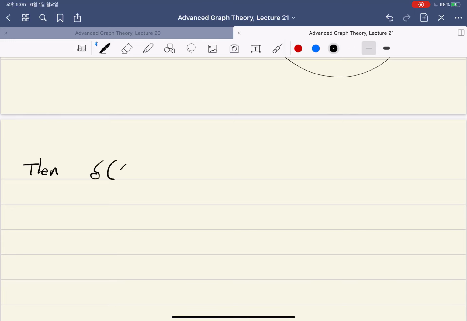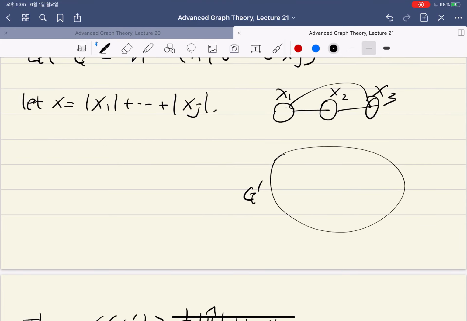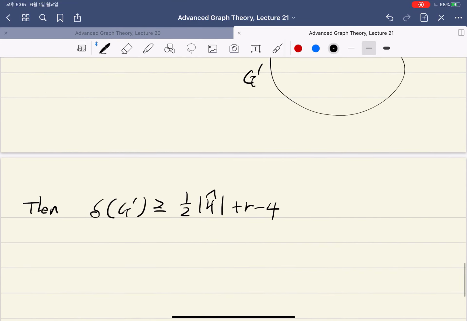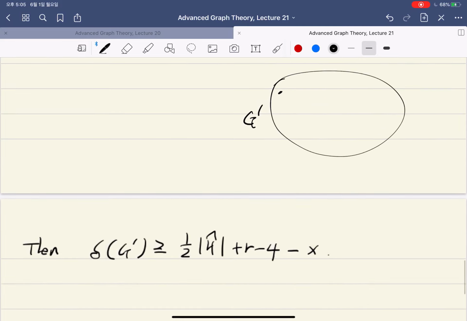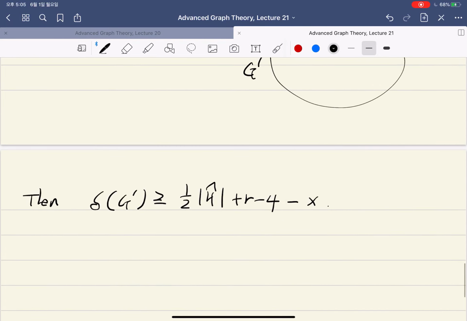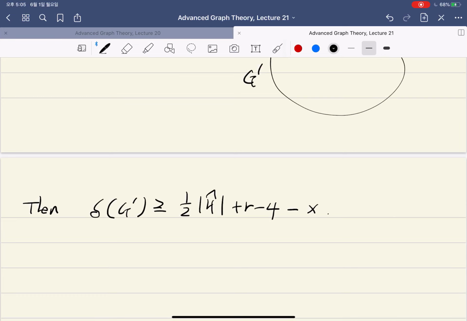Then the minimum degree of g prime is half of the number of vertices in h prime plus r minus 4, which is the minimum degree of h hat minus x, because x many vertices are taken out, so the degree of each vertex decreases by at most that much.